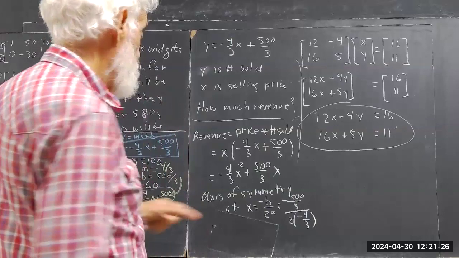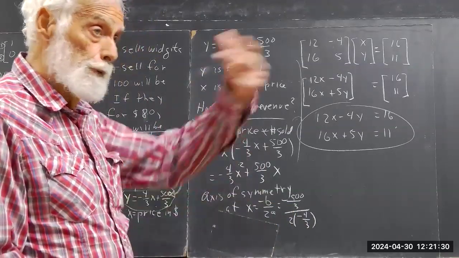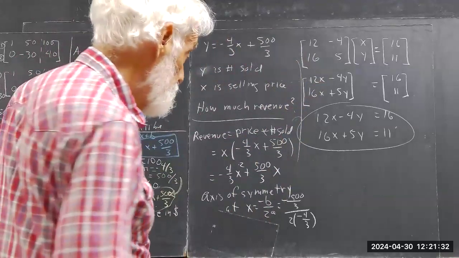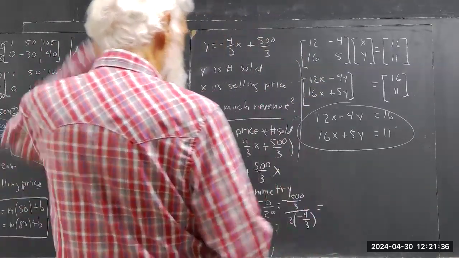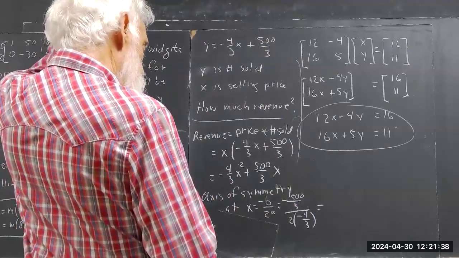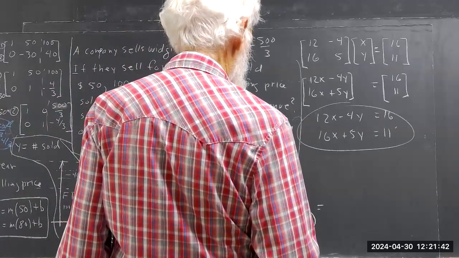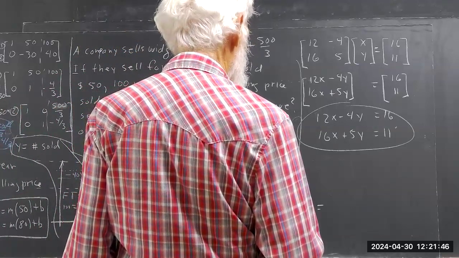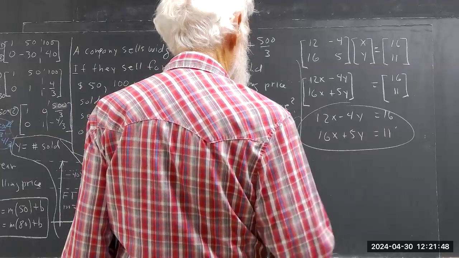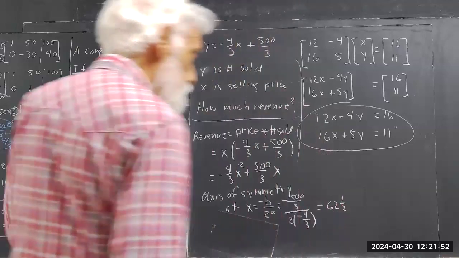Just go back to how we graph a quadratic function, all things about the axis of symmetry and the location of the vertex, right? Well, let's see. The threes will go away. We get negative 500 over 4, which is negative 250 over 4, which is 62.5.